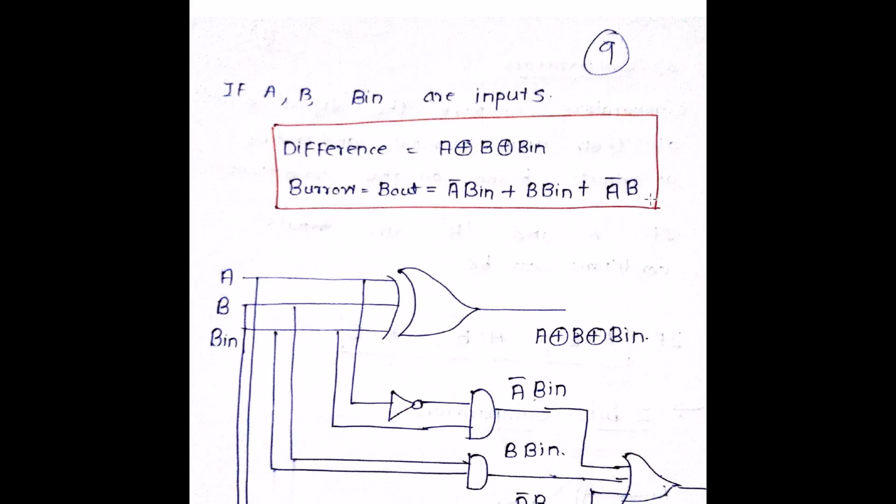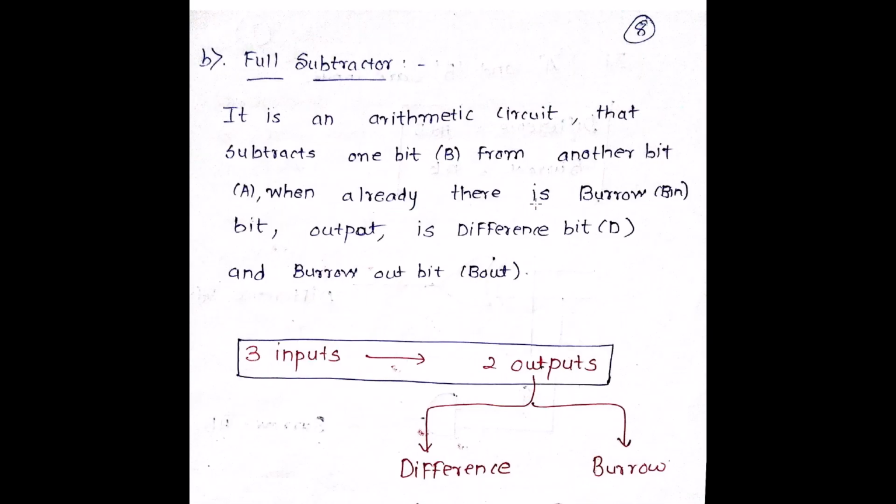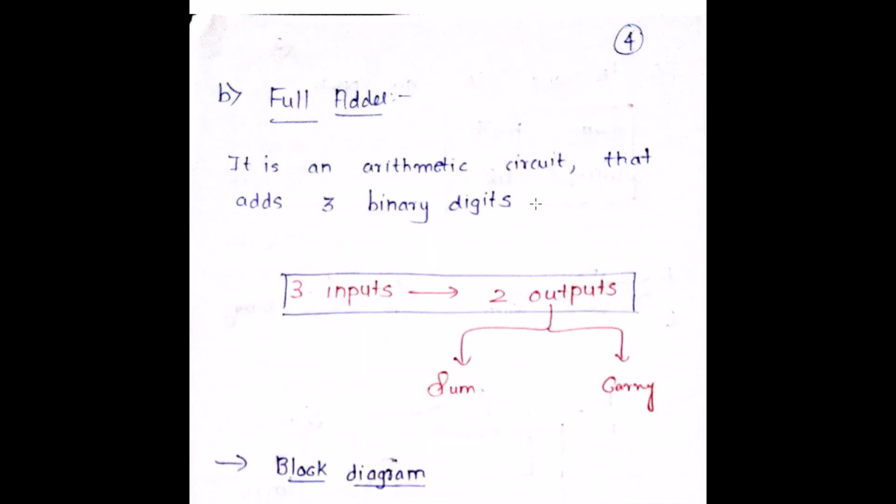Just make an effort to understand the meaning of these arithmetic circuits and operations, and remember these equations. Once you remember these equations, drawing the logical diagrams and getting the truth table is not going to be an issue. Fine. So I've tried my best to explain these adders and subtractors.